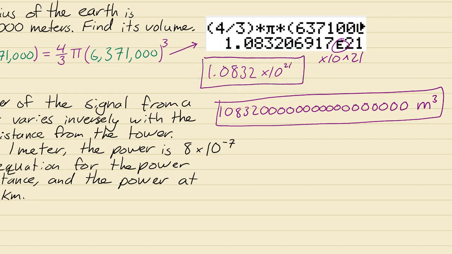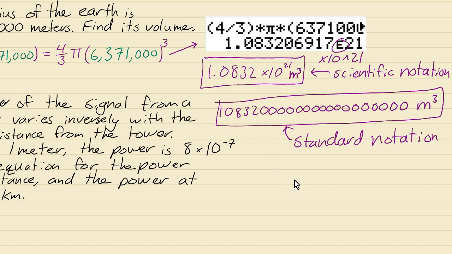This first way is what we call scientific notation, and just writing it out without a times 10 to a power is standard notation. What makes it scientific notation is the fact that you've got the decimal point here and only one digit to the left of that. It's just having one digit to the left of the decimal place.